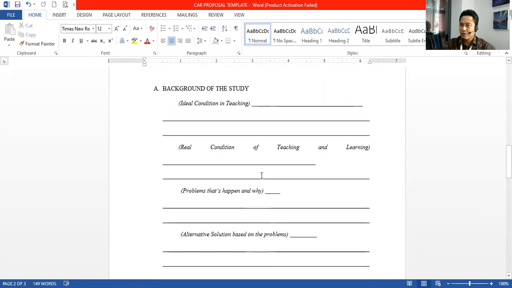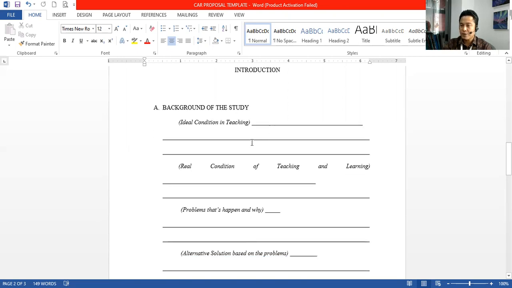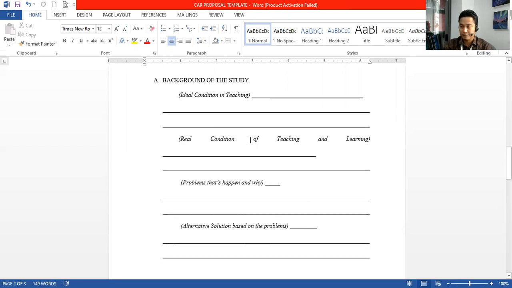The first aspect of the introduction is the background of the study. In the first paragraph, you have to elaborate on the ideal condition of teaching and learning.